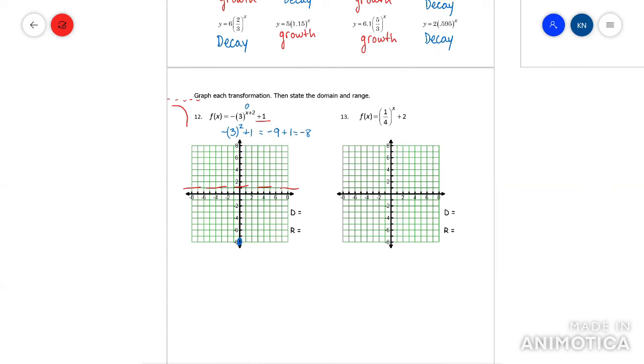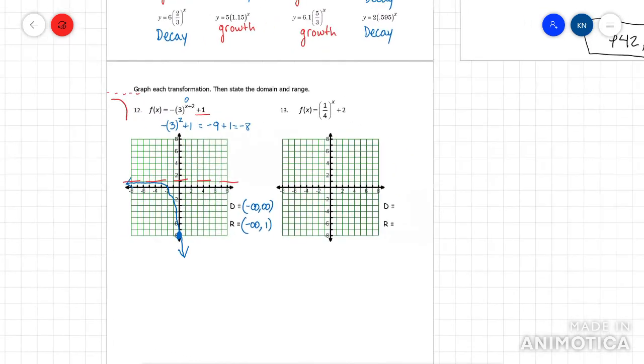So that's down here. And now I just got to take the shape. Looks like that. So your domain goes left forever, right forever, so it's all reals. And your range, the lowest it goes is -infinity. The highest it can go is that asymptote at 1, but it can't hit it.